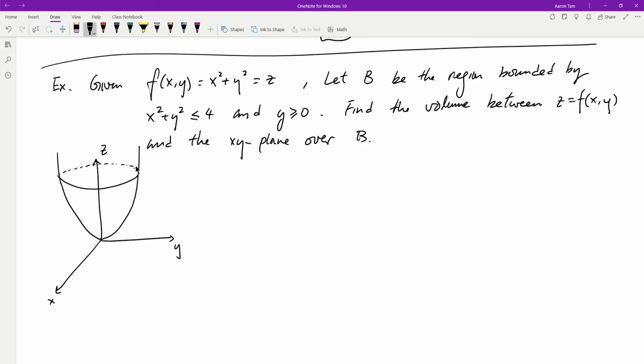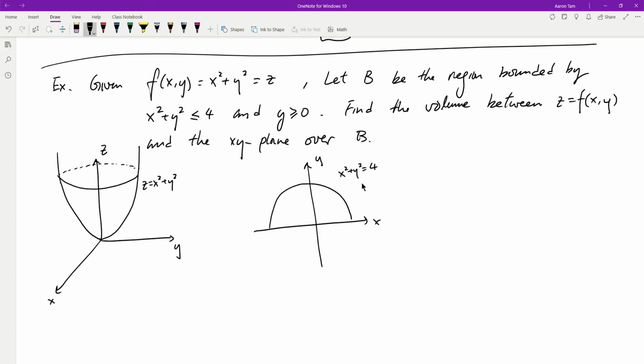Now, what does the region B look like? So this is z equal to x squared plus y squared. Region B will be on the xy plane, so I'm going to draw the xy plane. X squared plus y squared less than or equal to 4 will form an entire circle with radius 2. But since y has to be greater than 0, we basically have this part being B. Remember, this is called a boundary.